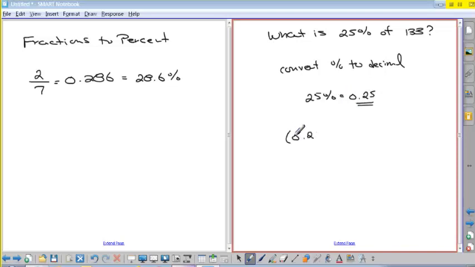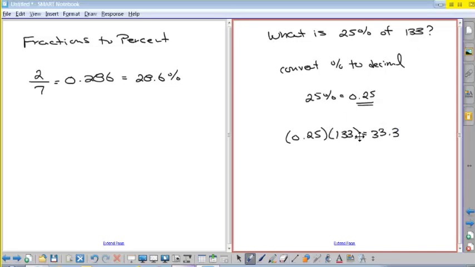And so to find 25% of 133, just multiply the decimal equivalent of the percent times the number that you're starting with, which is going to give you 33.3, not percent, but just 33.3. That's a number.